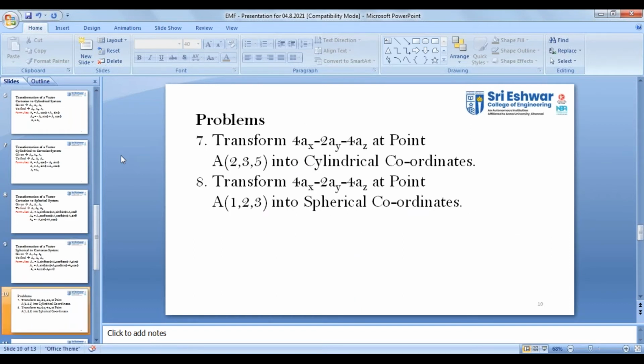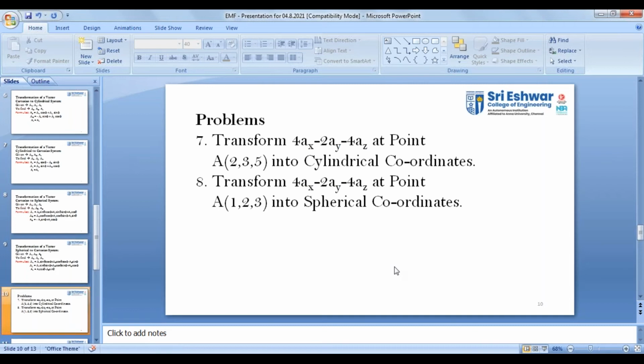Yeah, try to take these two problems. Transform 4ax minus 2ay minus 4az at point A 2, 3, 5 into cylindrical coordinates. Both the problems you kindly make a note.